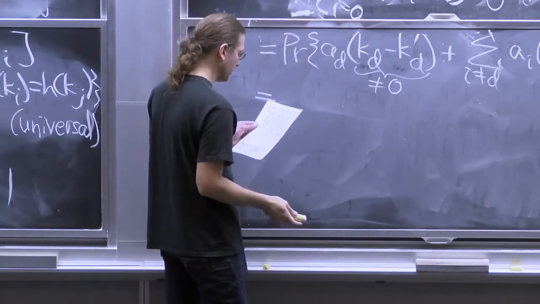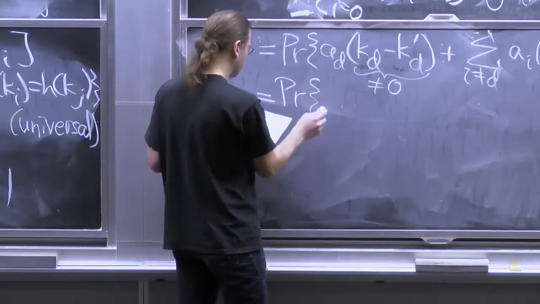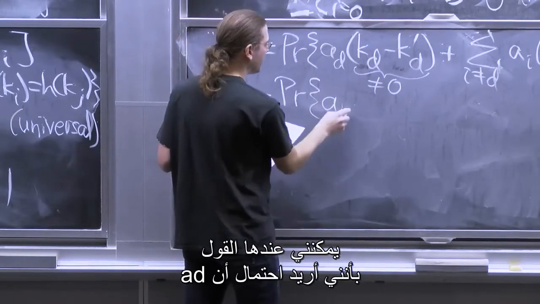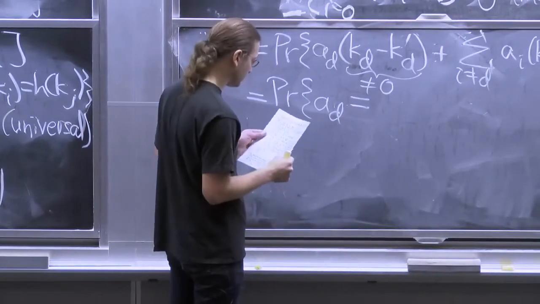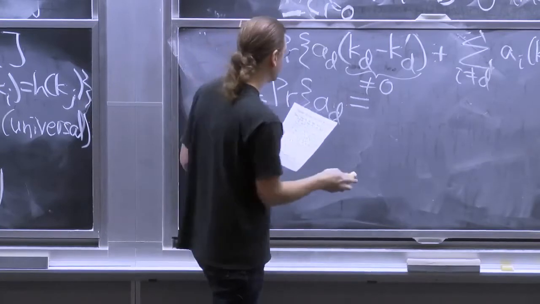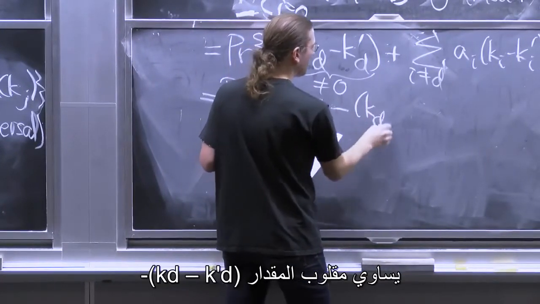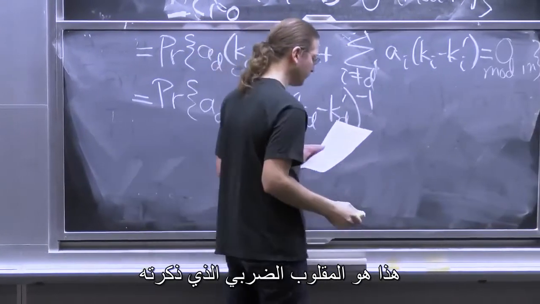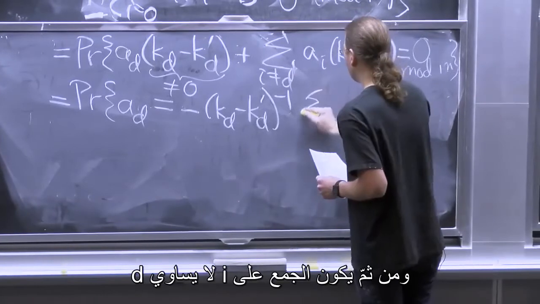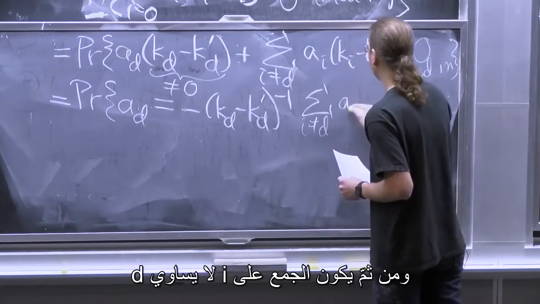So then I can say I want the probability that AD is minus KD minus KD prime inverse. This is the multiplicative inverse I was talking about. And then this sum I not equal to D, whatever.